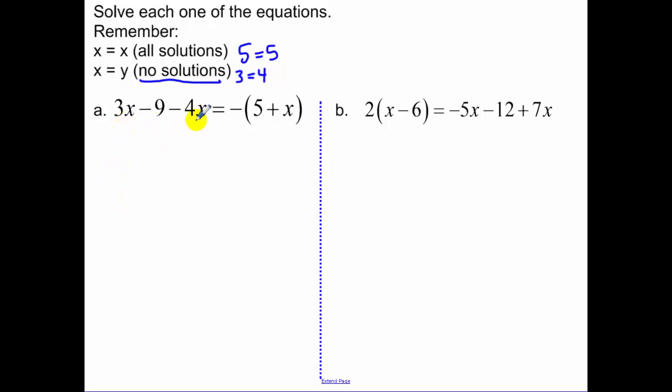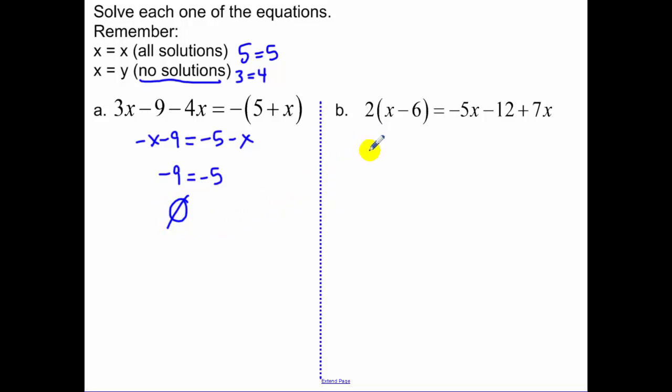So on the left side, I'm first going to combine my like terms. And then if I add x to both sides, we get a statement that's never true. So that's why no solutions.